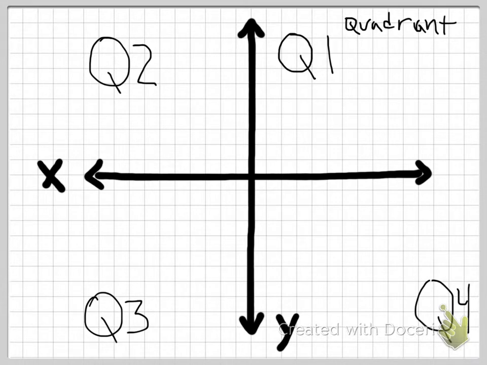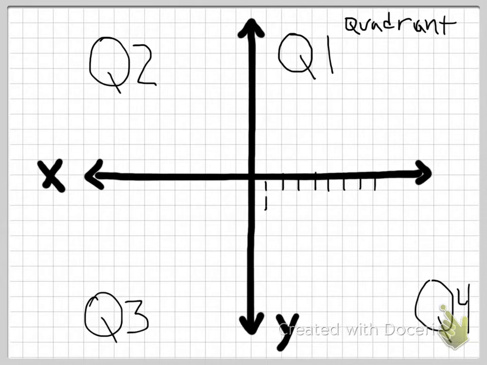A coordinate plane is basically a graph, and you can count by different intervals. I'm going to count by ones to keep it simple. And I'll start on the x-axis. So going across here, each of these would be one jump, one unit. And I could label them.